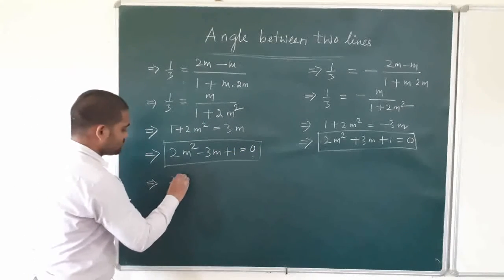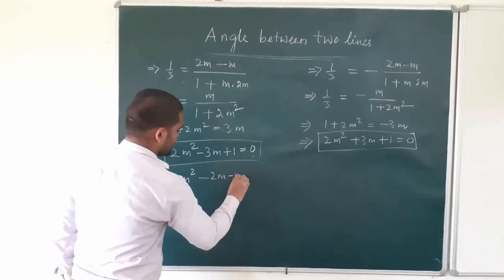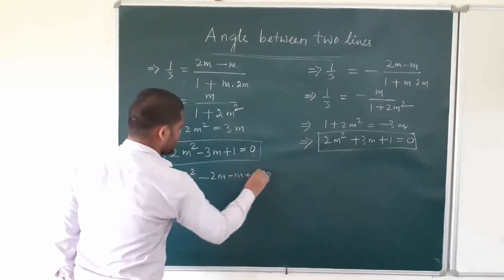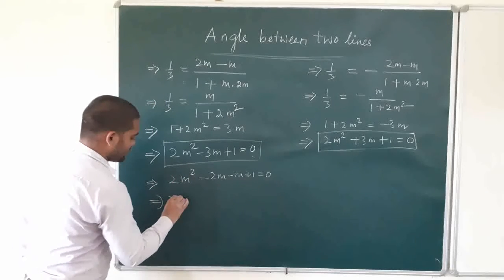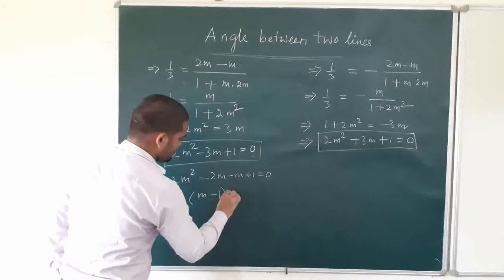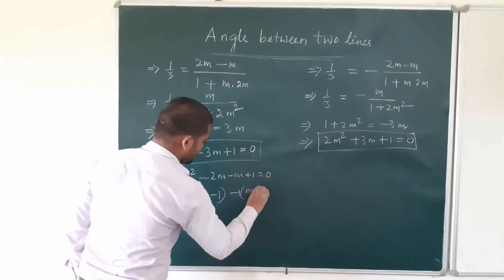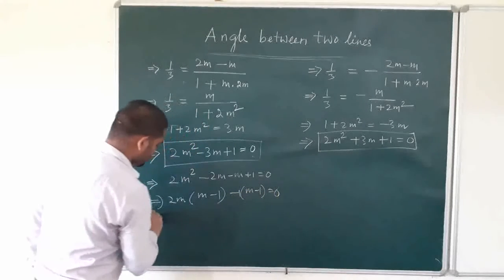Splitting the middle term: 2M square minus 3M plus 1 is equal to 0, that is 2M square minus 2M minus M plus 1 is equal to 0.